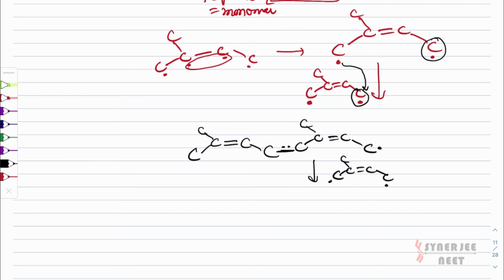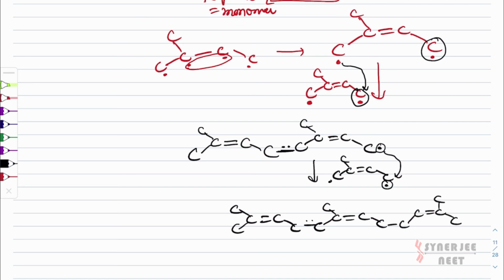With another group, it will go and combine. So then there is a sigma bond forming between these two carbons. So in this manner, if you do it, you will finally get a structure like this. Now again, this dot will react further and it keeps proceeding. So like this molecule forms a polymer.